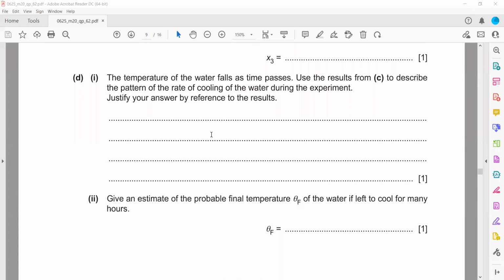The temperature of the water falls as time passes. Use the results from part C to describe the pattern of the rate of cooling during this experiment. So what is the pattern of the rate of cooling? The rate of cooling is decreasing.